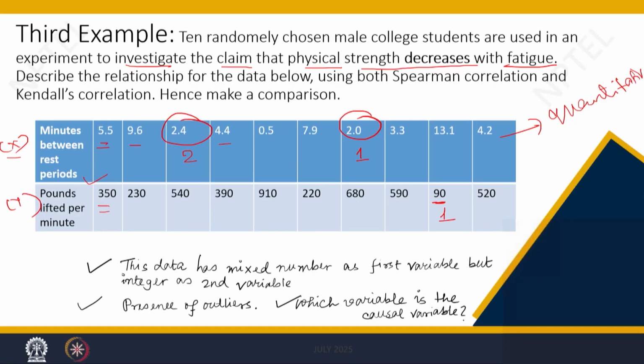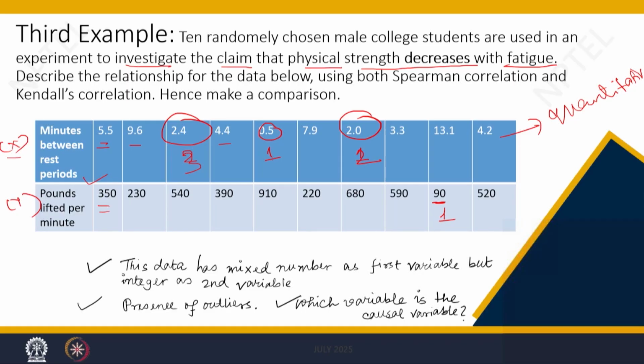Okay, I think I have made a mistake. This will be rank 1, not 0.5. I'm really sorry. This will be 1, this will be 2, and this will be 3. Yeah, you see that sometimes it is extremely confusing, unless you are mindful.